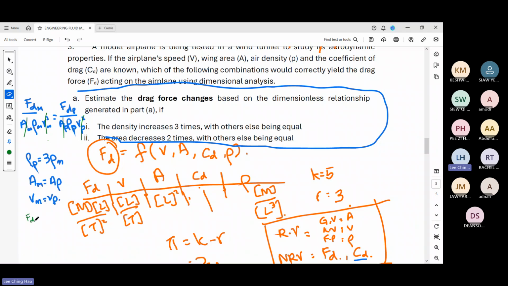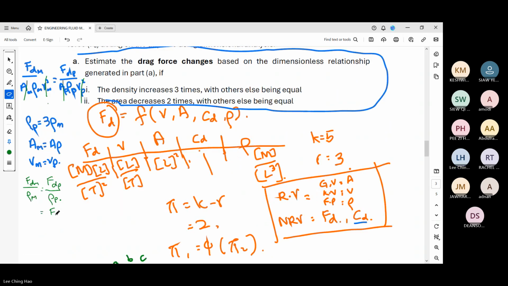So your formula will be left with density of M equals to F density of prototype. So now the question already mentioned that the density of the prototype is 3 times. So it can be cut, because now both are density of model.